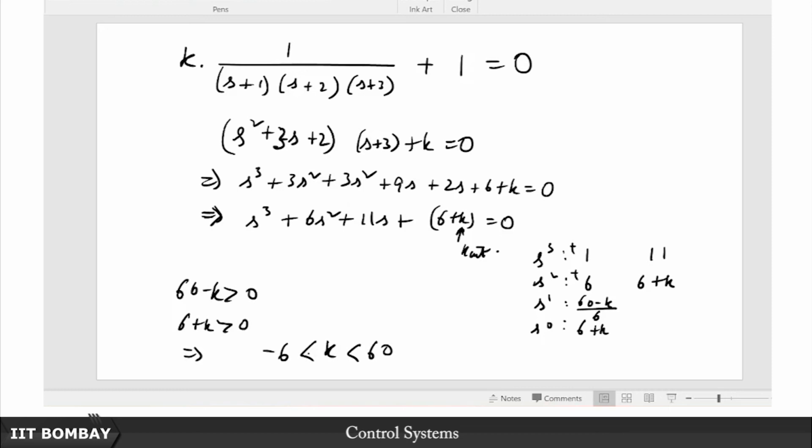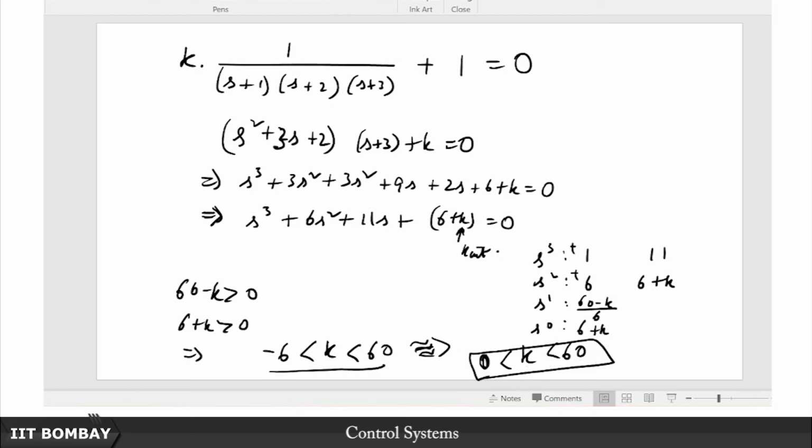But of course, we are not even interested in these negative values of K. Maybe in the next lecture or thereafter, we will see how we deal with something called the complementary root locus, which deals with positive feedback systems, in other words for negative values of K. But for now our interest is only positive values of K, so we can translate this to the equivalent condition that K should be less than 60. Remember, the actual bound is this, but we are simplifying it because we are not interested in negative values. So this is what the range of K is.